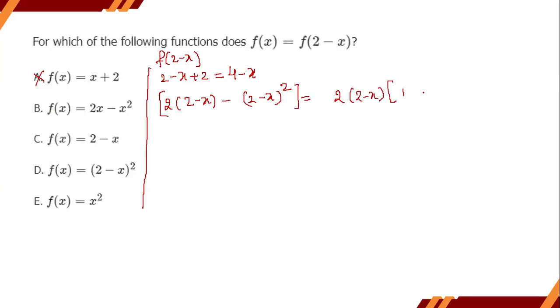We have 1 minus 2 plus x, right? Because the negative sign is outside. So this gives us 2 times 2 minus x. And here we have x minus 1.